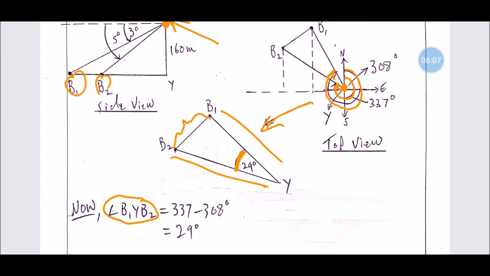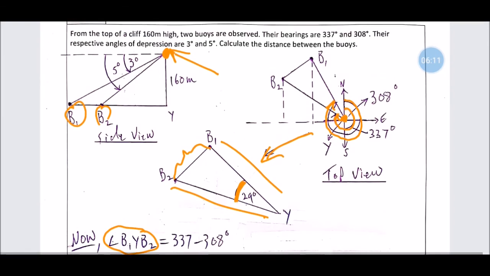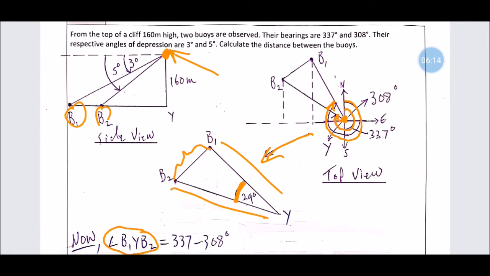Now, if we think about it, if we can do some trigonometry, going back to the side view diagram, and determine the length of B2Y and the length of B1Y, then we can add those two measurements to this diagram, and then we'll have everything we need.